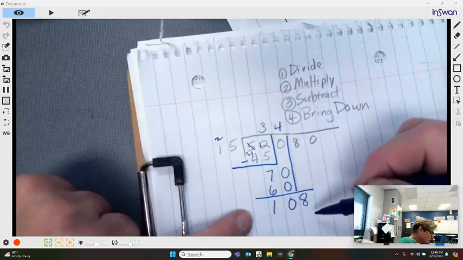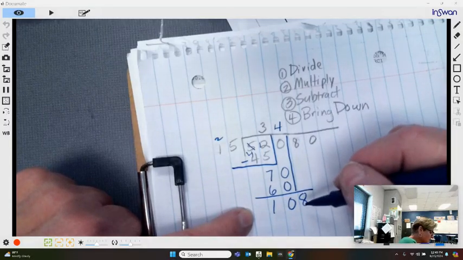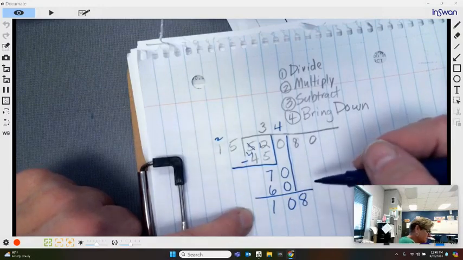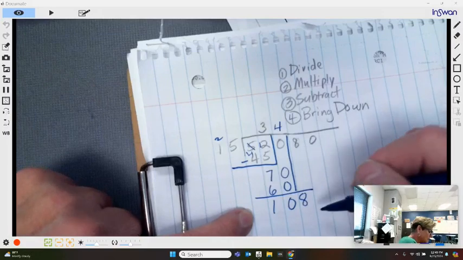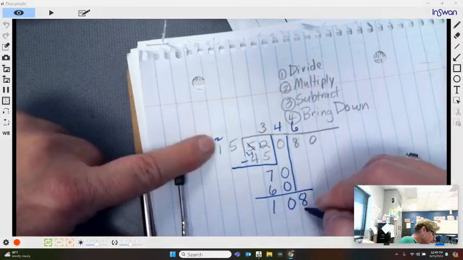And 15 goes into 108. Let's see, 4 is 60, 5 is 75, 90. 15 times 6 is 105. I think it's a 6. 6 times 5 is 30.